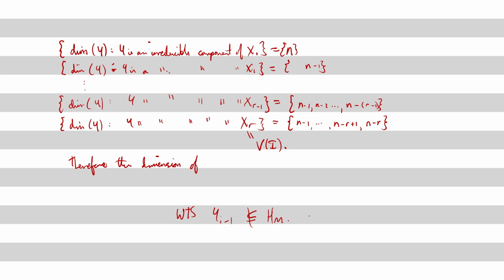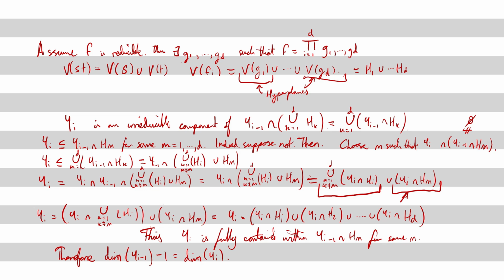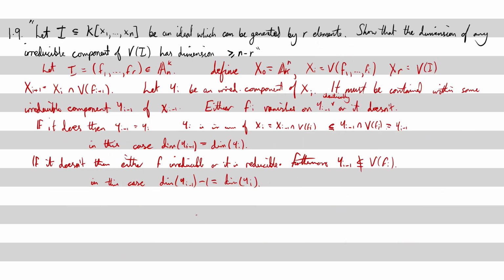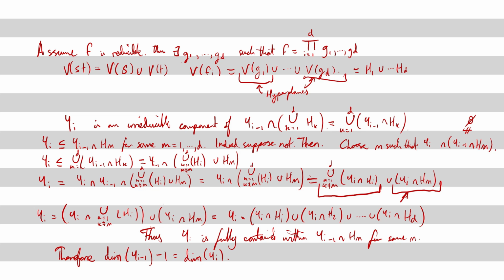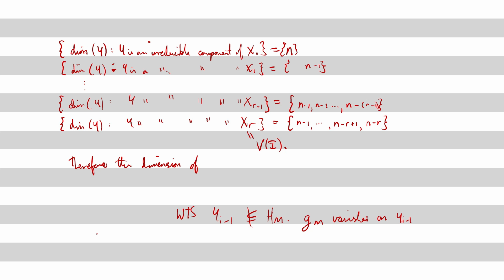If it was, then g_m would vanish identically on Y_{i-1}. And therefore, f equals g_1 dot dot dot g_m vanishes identically on Y_{i-1}.